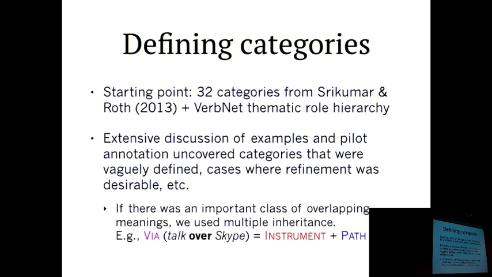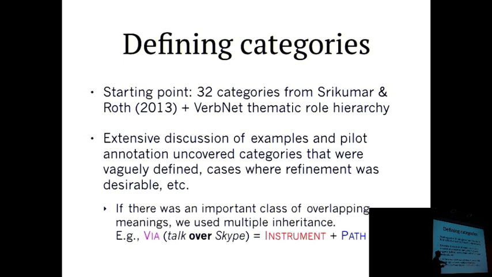So they did not have appropriate roles for, say, relations between two nominals in many cases. We did a whole lot of iterative discussion, hypothesizing categories and refining them based on examples and pilot annotation. We ended up developing a hierarchy, not just a list, to allow for some finer-grained distinctions, as well as multiple inheritance.